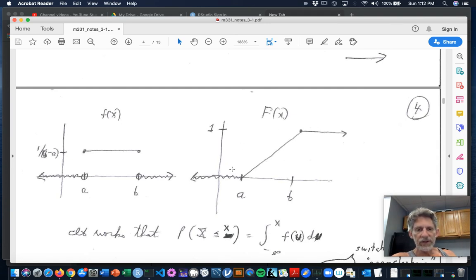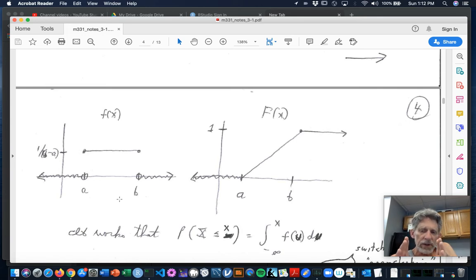See, capital F does not have a derivative here. That's a corner. You know that functions with graphs that have corners don't have a unique tangent line, so they don't have a derivative. And there's another corner there. Well, okay, it's not really true. Capital F is defined here, and I've defined little f to be 1 over b minus a.